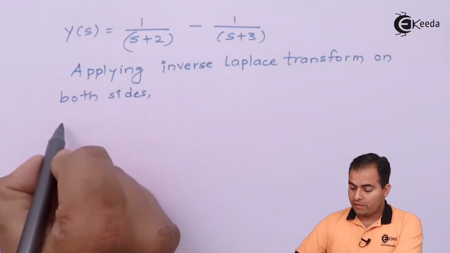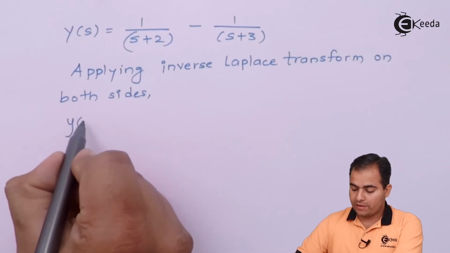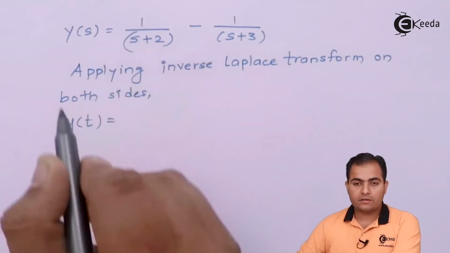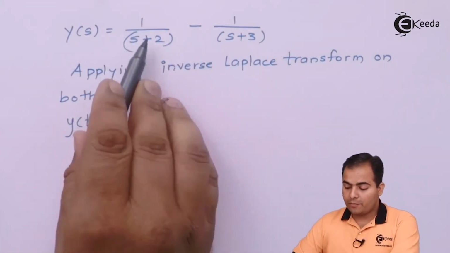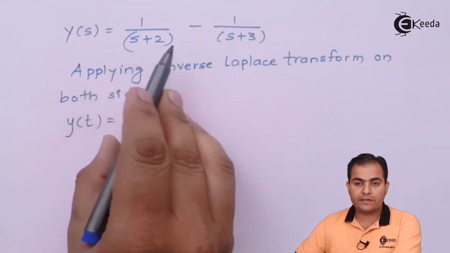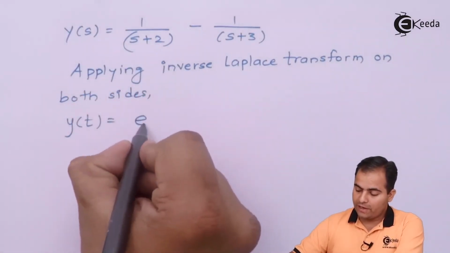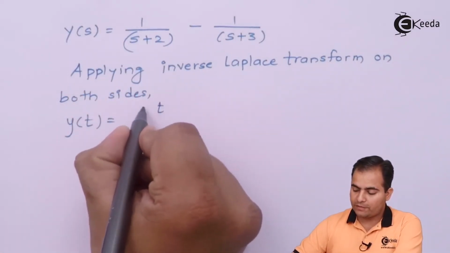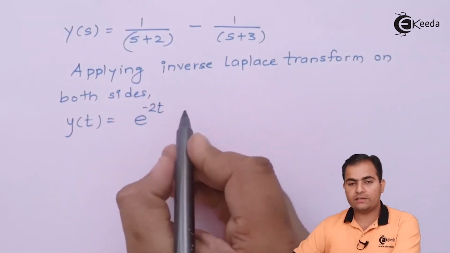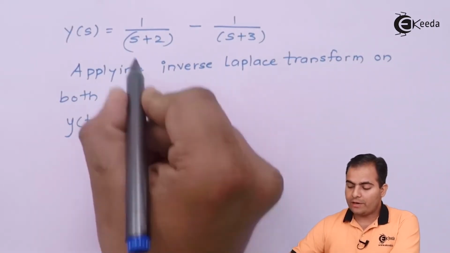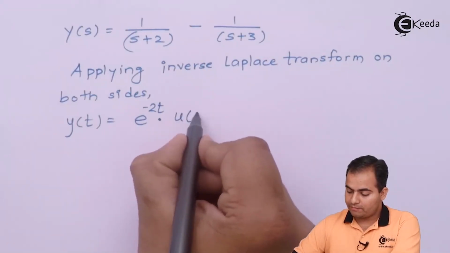What you will get? The inverse Laplace transform of y of s is y of t, whereas 1 is the constant, so leave it. 1 upon s plus 2 we have, so s is shifted by plus 2, which means we have to multiply t by the opposite sign value of plus 2, which is minus 2, into 1 by s, which is nothing but the unit step.